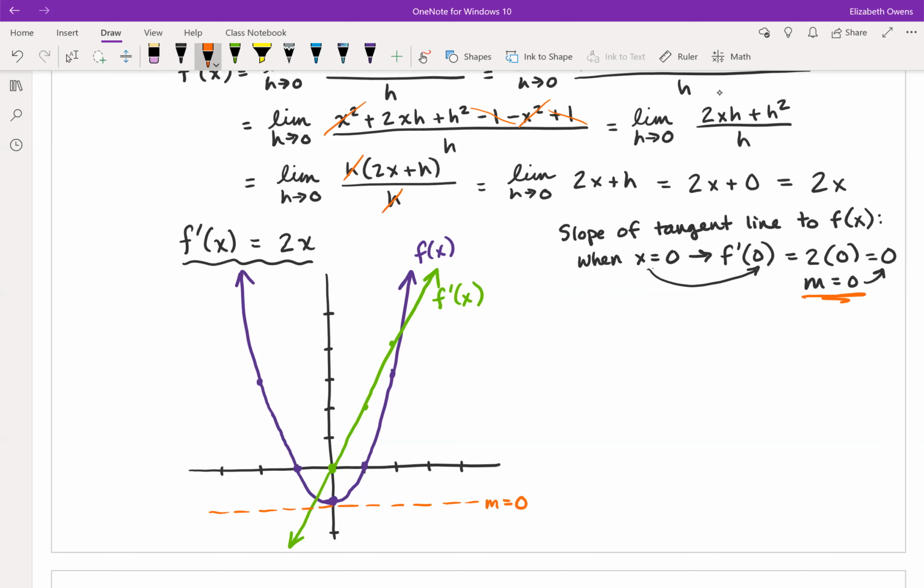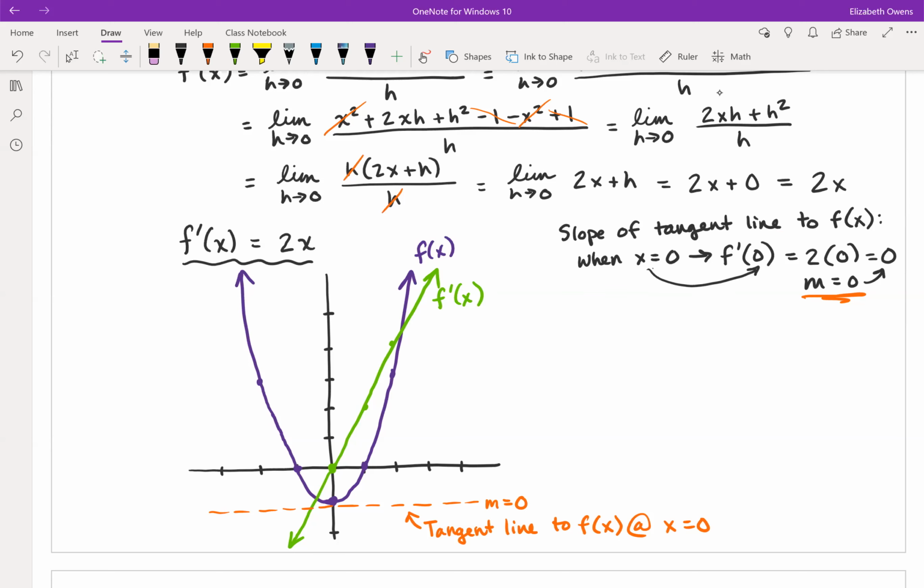M equals 0. This is the tangent line to f of x at x equals 0. And it has a slope of 0, and that's what the value of our derivative function is. So it all plays together.